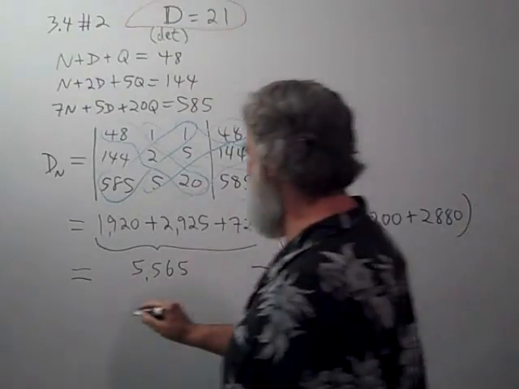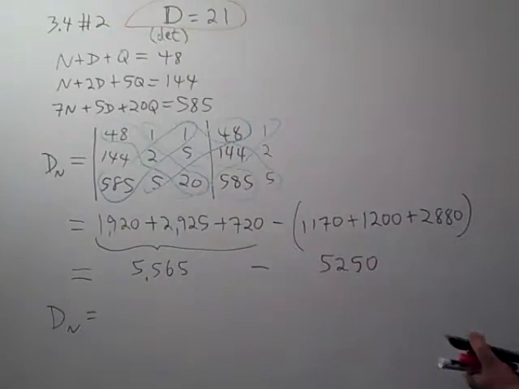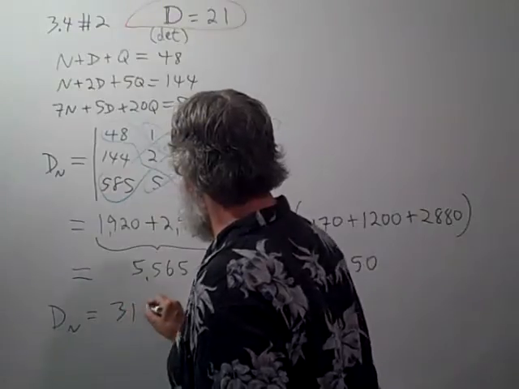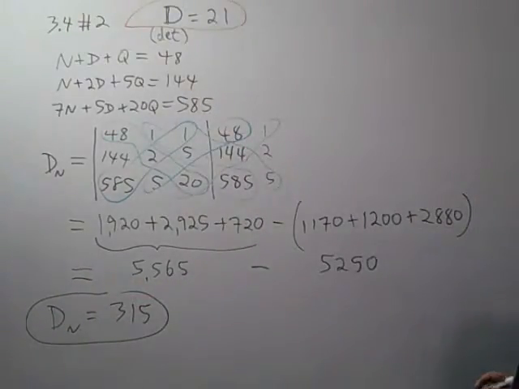So finally we get that d sub n is equal to 5,565 minus 5,250, and that's 315. So d sub n is equal to 315.